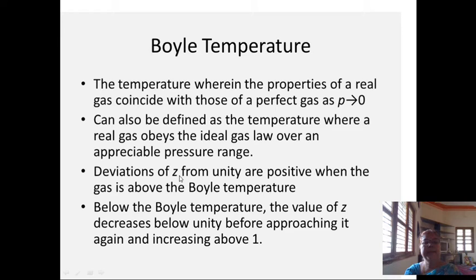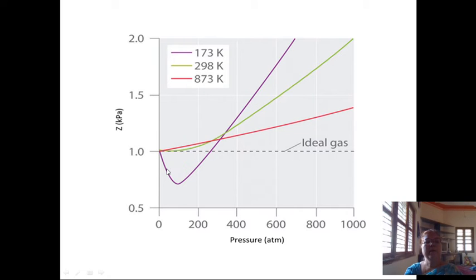Then deviations of compressibility factor, that is Z, from unity are positive when the gas is above the Boyle temperature, and below the Boyle temperature the value of Z decreases below unity before approaching it again and increasing above 1. This is the graph which shows the deviation.